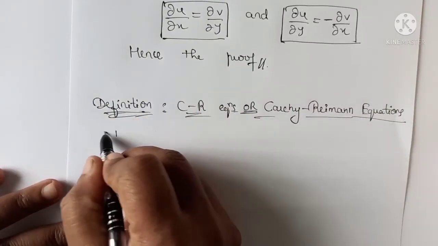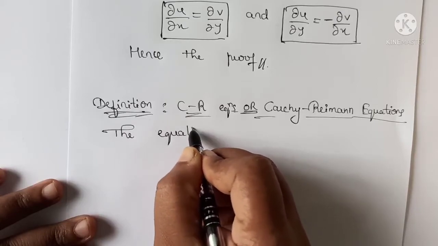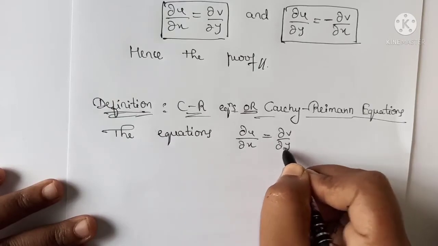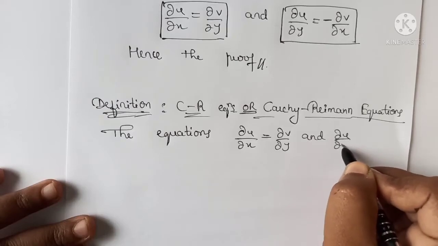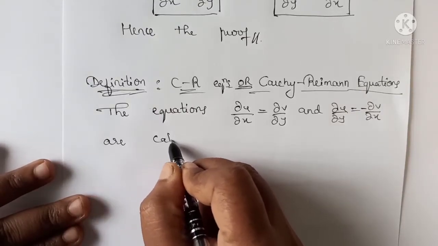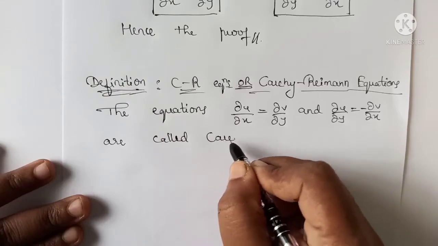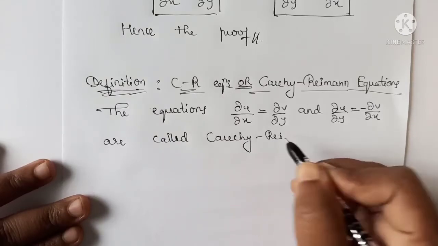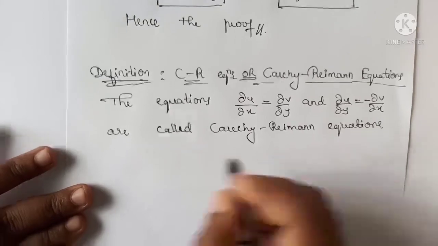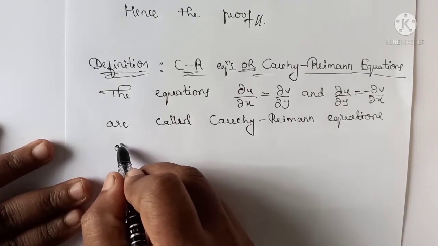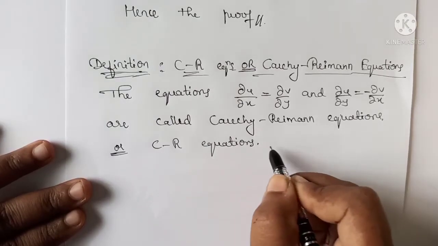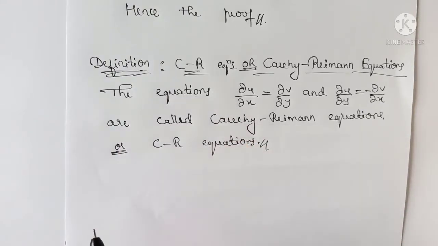So very simple: the equations dou u by dou x equals dou v by dou y, and dou u by dou y is equal to minus dou v by dou x are called Cauchy-Riemann equations, or these are known as CR equations also. So this is the definition for CR equations.